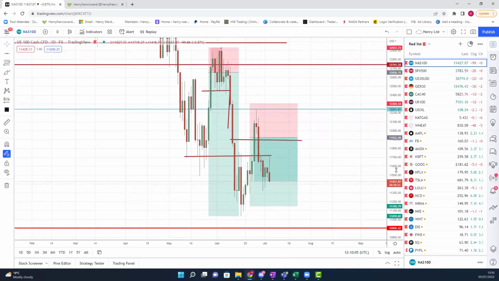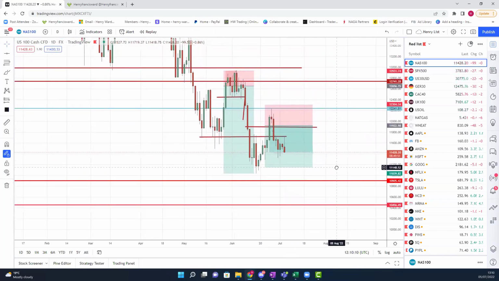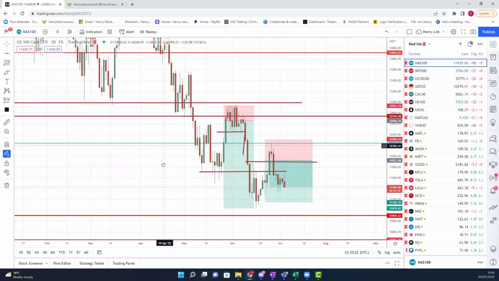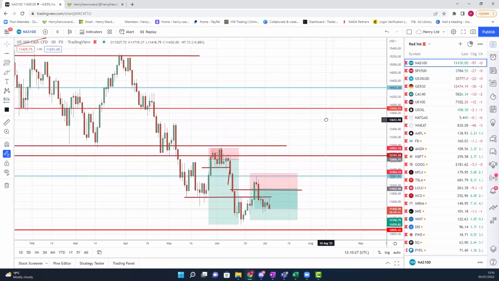Good. Now, do we expect this to continue going down, or do we think when the market opens at half two that this is going to turn around? Now, I'm only going to have a look at this phase one.